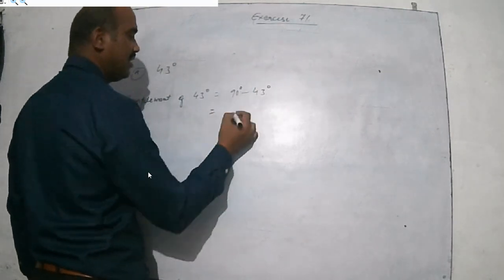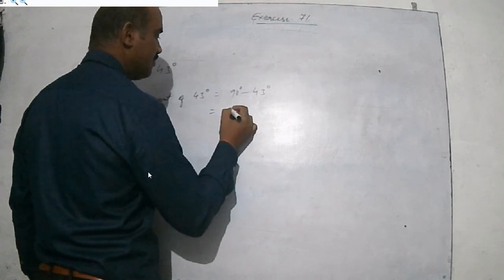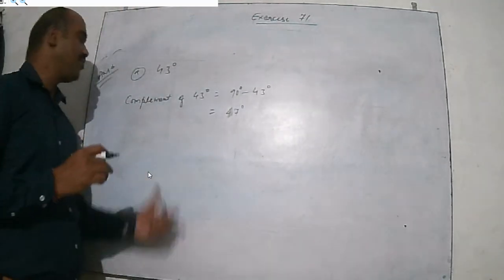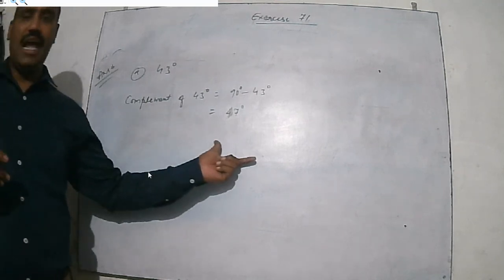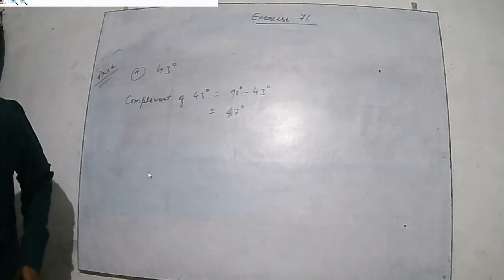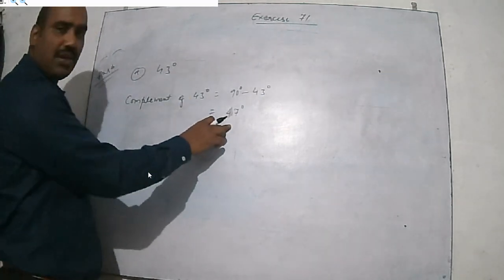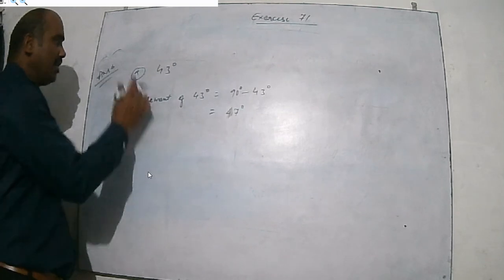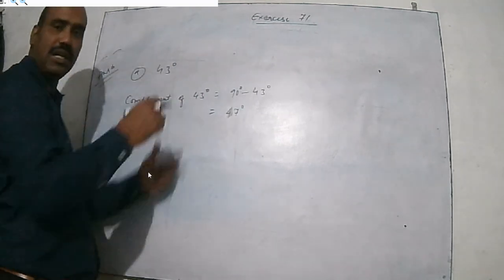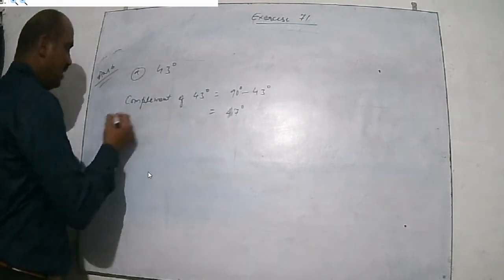Then you get 10 minus 3, it is 7; 8 minus 4, it is 4. So in this way you have to find the complementary angles. Clear all of you? So it is 47 degrees. If a question comes, you have to do it in this way. Clear?